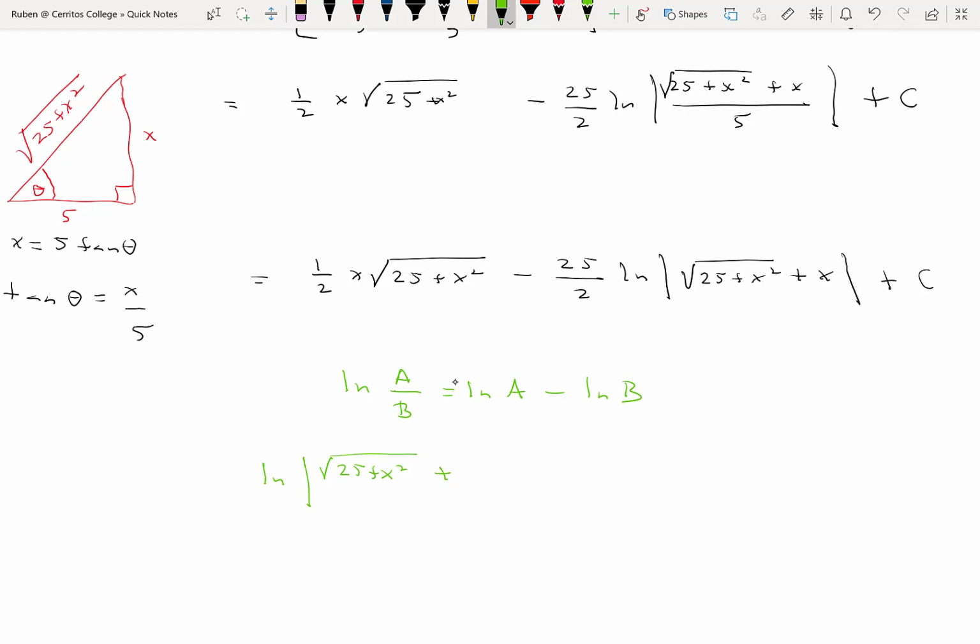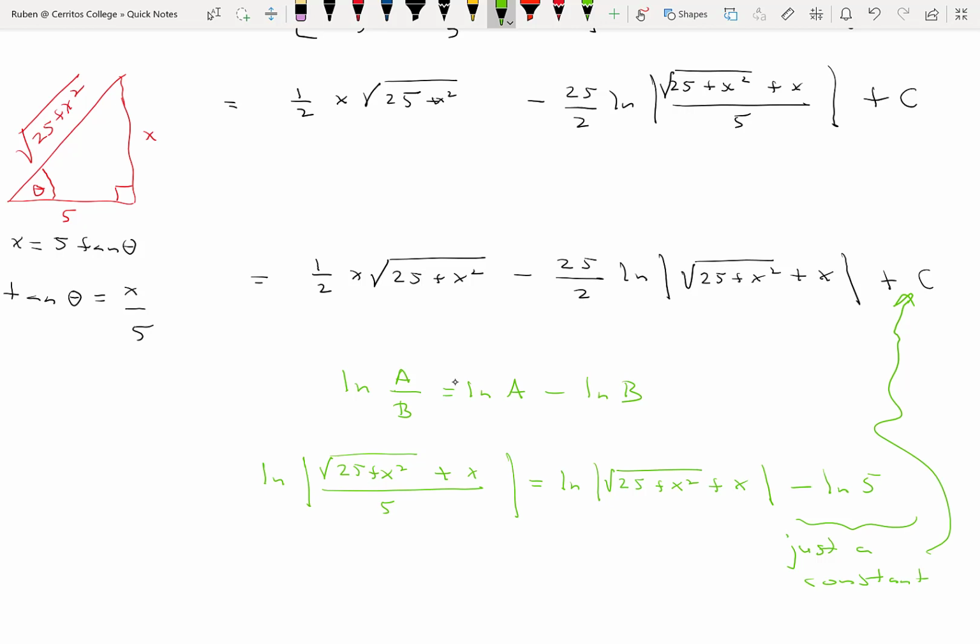So in the original, our answer looks like this. Just that logarithm can be written as the natural logarithm of the square root of 25 plus x, minus the log of 5, using the algebra property that I just wrote above this. Now that minus log of 5 is just a constant, which can be absorbed into the constant of integration.